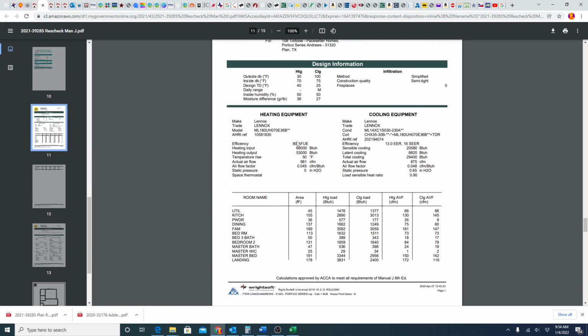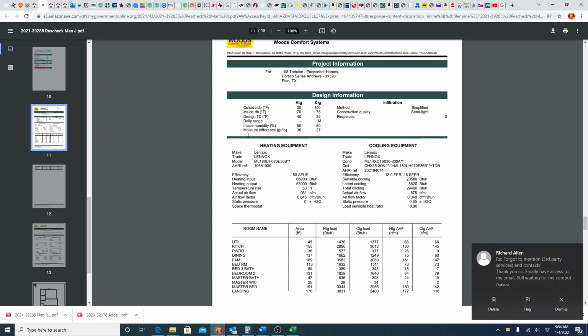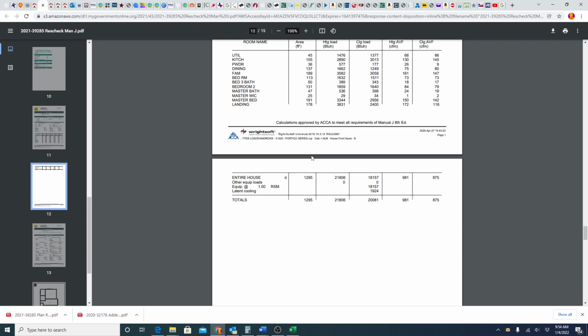Now, per state law, there's only a few people who can prepare these. So homeowners cannot prepare them. City inspectors cannot prepare them. You have to be licensed through the state of Texas as an HVAC contractor. You have to be a resident rater or BPI certified person to prepare one of these, or a Texas registered engineer, architect, MEP engineer, structural engineer.